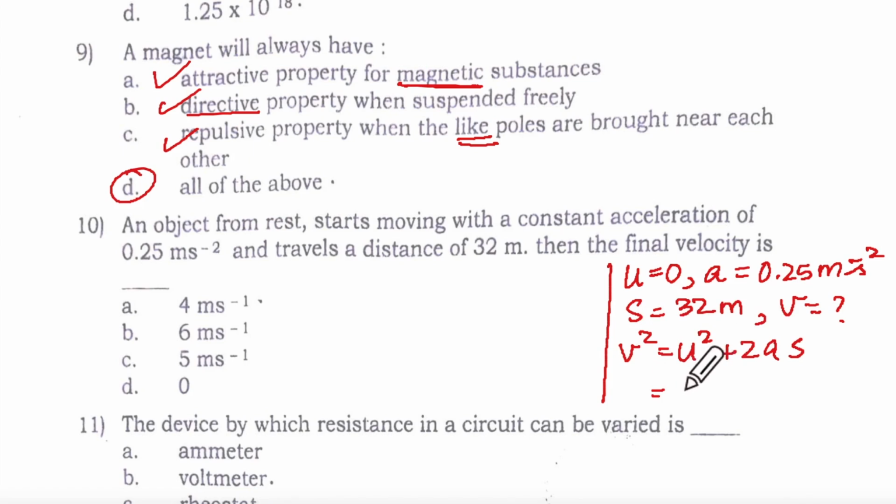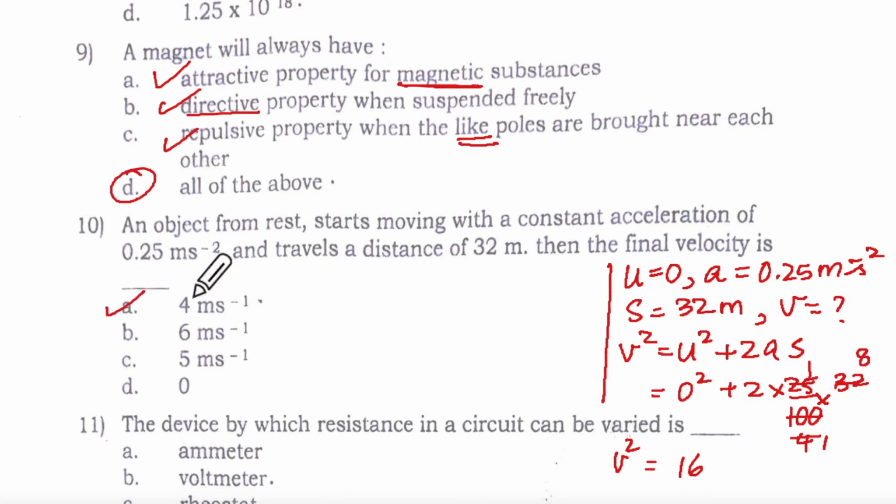So 0 square plus 2 into 25 upon 100 into s, which is 32. 25 ones and fours, 4 ones and 4 eights. So I'm getting here v square is equal to 16. Can you see that? So v is equal to under root 16, that means 4 meter per second.